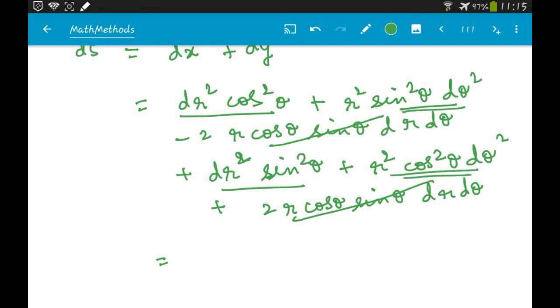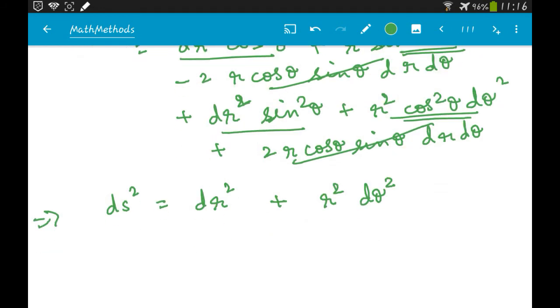So you are going to get dr square plus r square d theta square, and this is your ds square. Of course this comes from the fact that cos square theta plus sin square theta is 1.